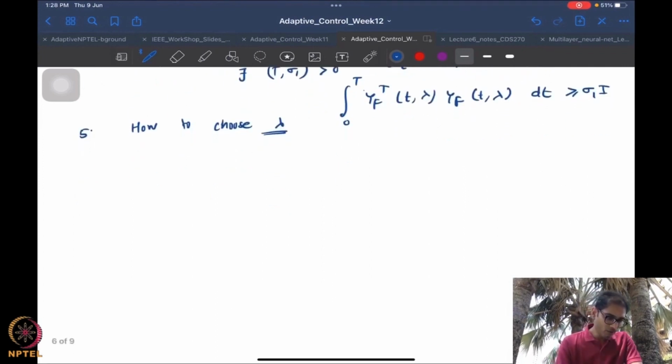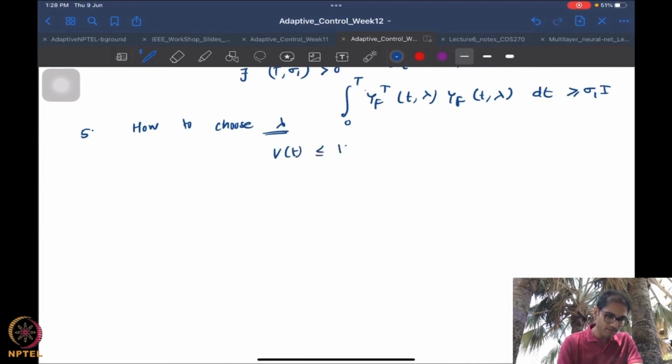Remember, what you end up doing by choosing lambda is proving V(t) is less than or equal to V(0).